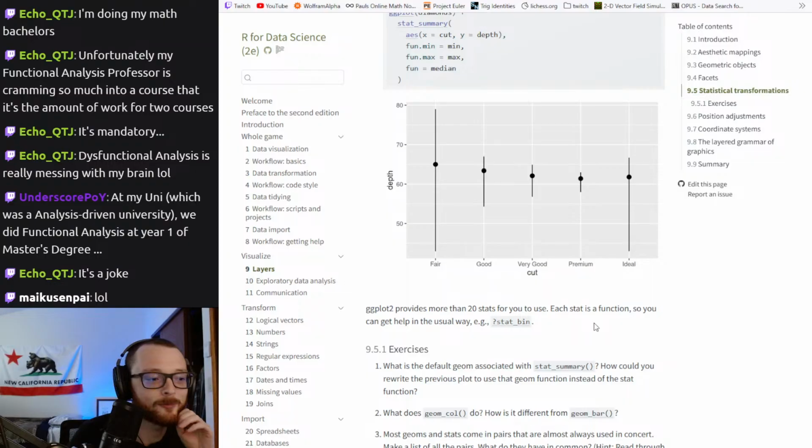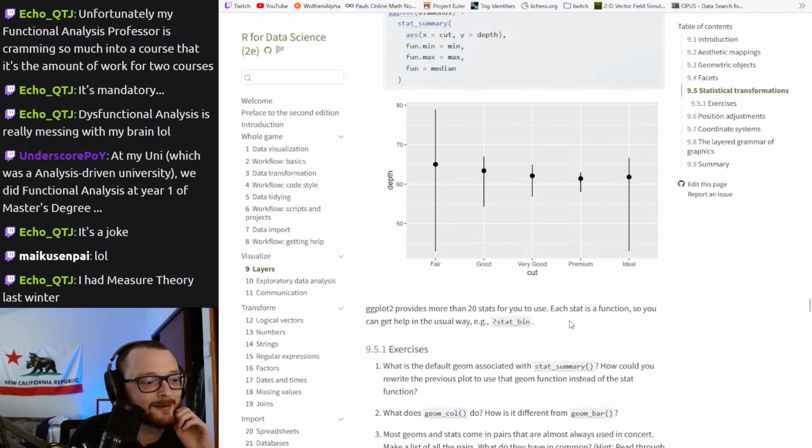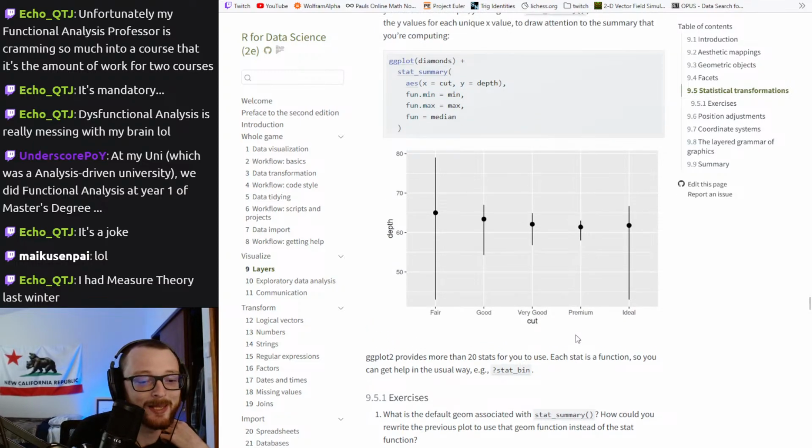Yeah, measure theory last winter. Dang. If you are planning to do grad school, it will be really good to know functional analysis already. But I'm sure that class is really difficult, and it will make me also not want to do math outside of my coursework.